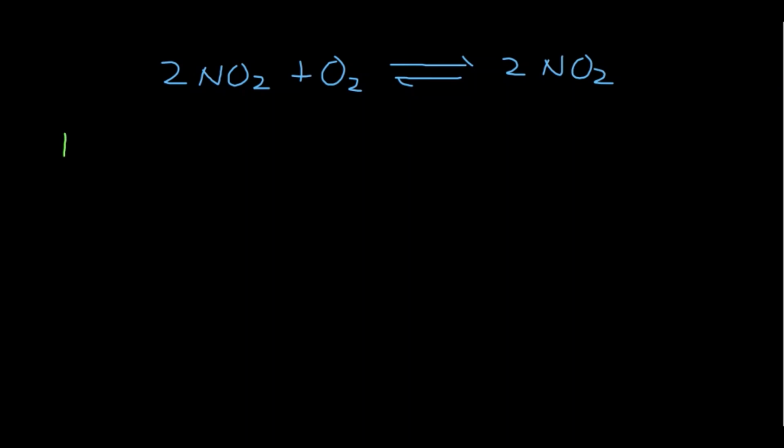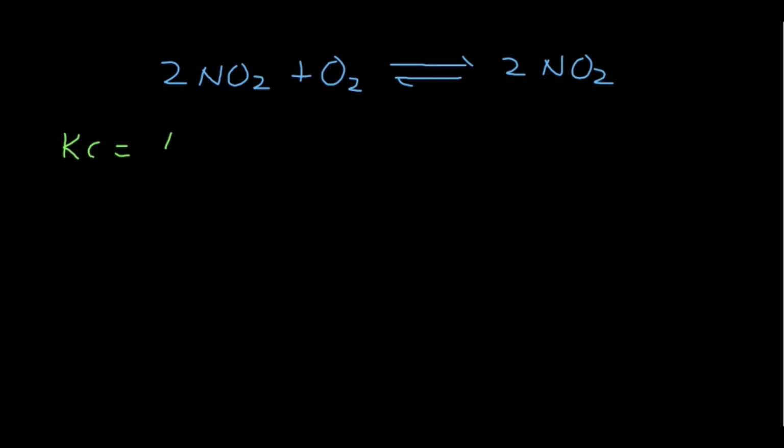The next example which is given is the reaction of nitrogen oxide with oxygen to form nitrogen peroxide in a reversible reaction, right students? Now we are asked to write the unit of equilibrium constant. In order to write the unit of equilibrium constant, first of all we will write the equilibrium constant expression for this reaction, that is the value of Kc.